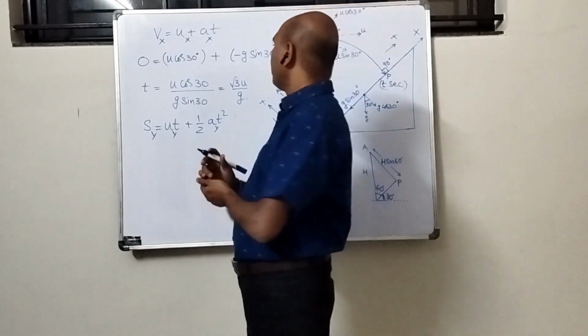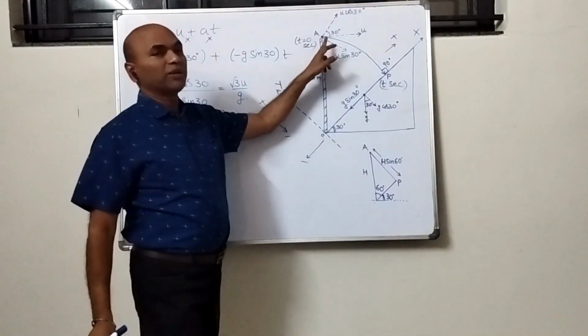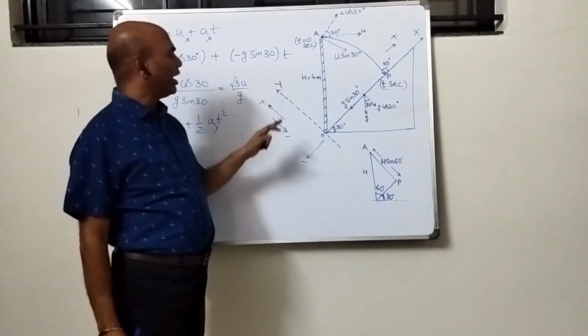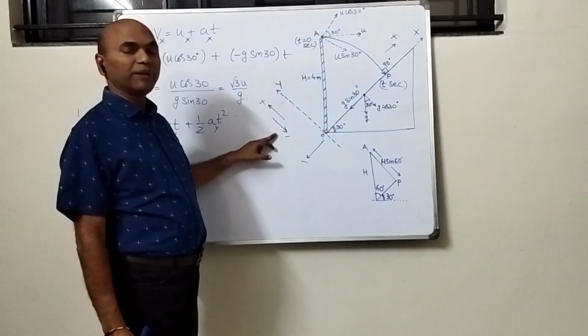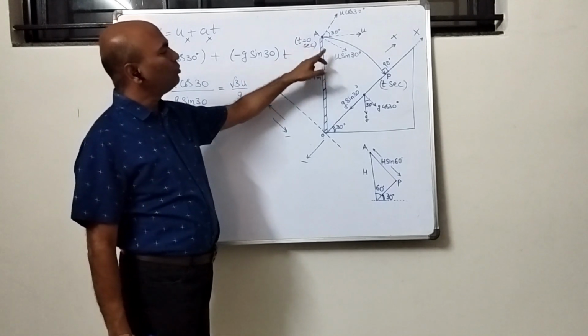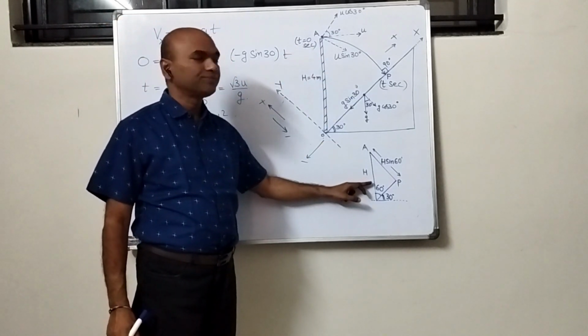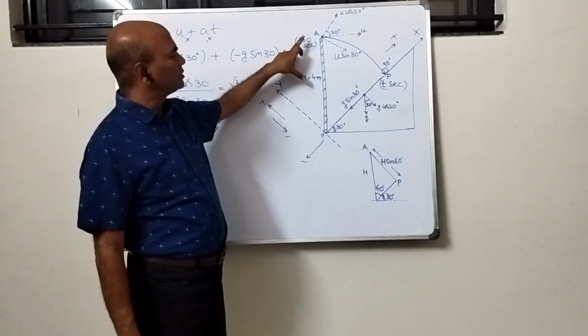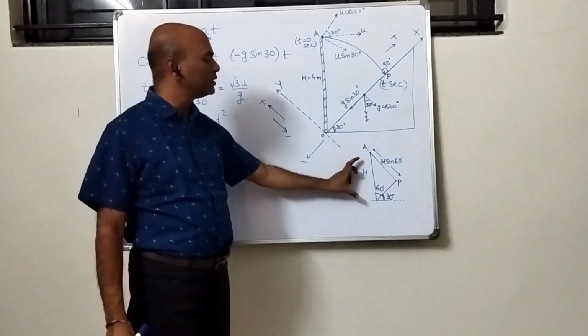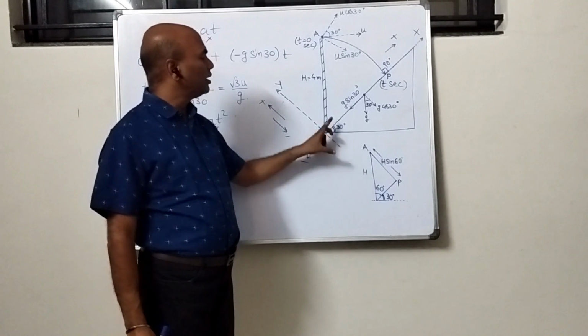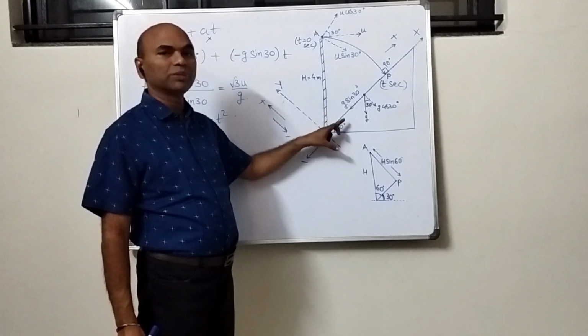While coming from A to P, what is the displacement along the y-axis? As per my sign convention, it must be negative. And how much in magnitude? For that, we can consider this figure, the same skeletal diagram. This is the height h, and this angle must be 60. Obviously, if this is 30, this must be 60.